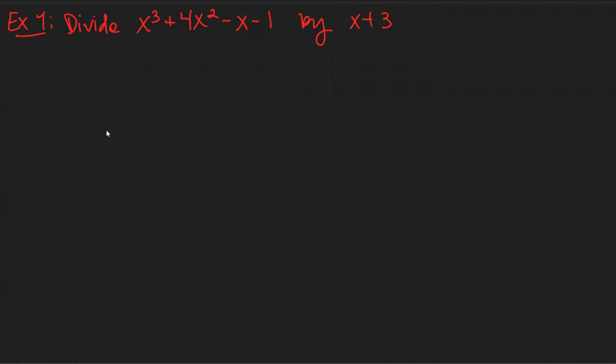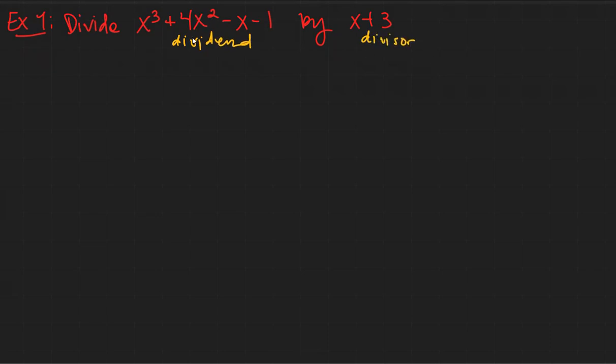So we're going to divide x cubed plus 4x squared minus x minus 1 by x plus 3. Okay, so pay attention to the setup first, and then we'll answer some questions about it. Notice my dividend, and this is my divisor.